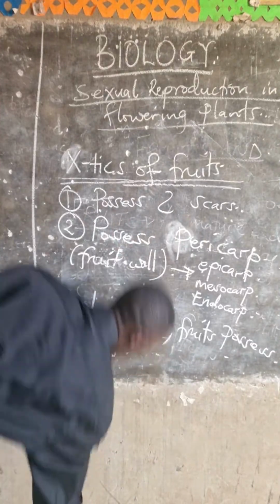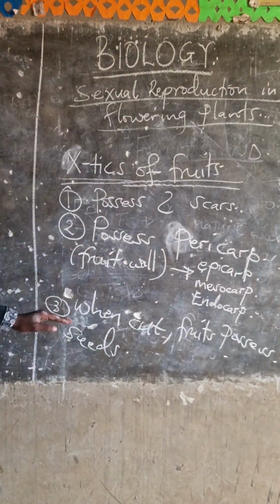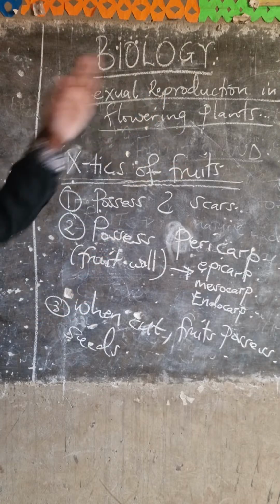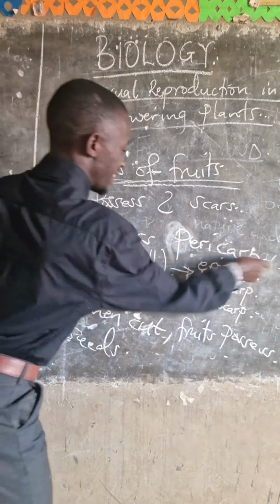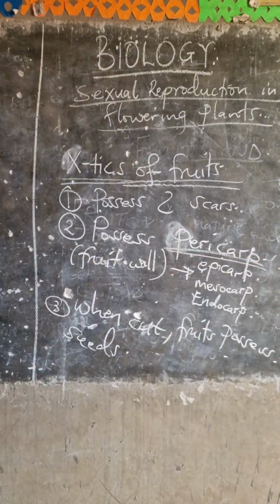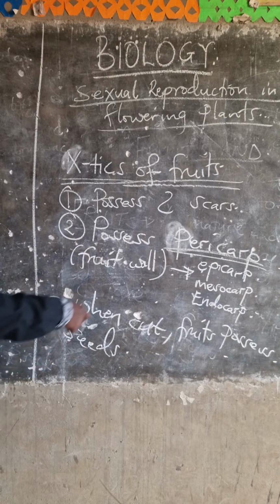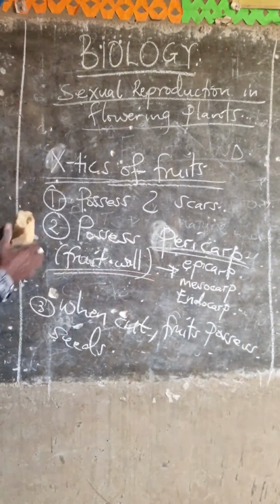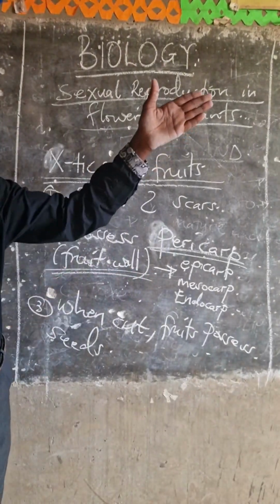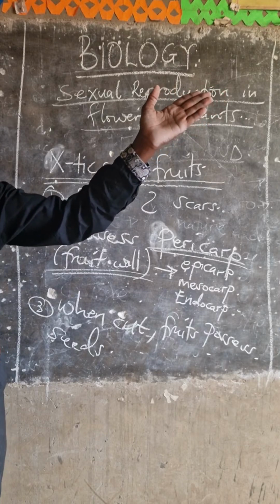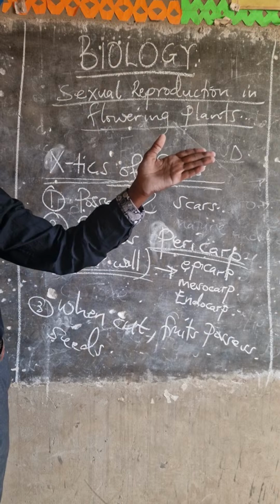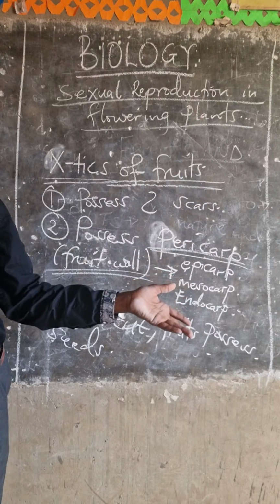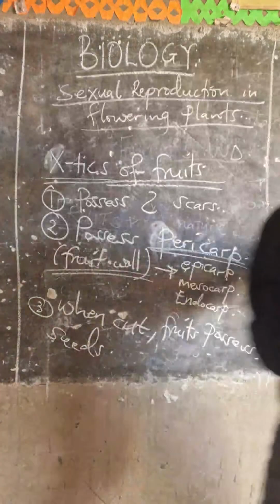I'm bringing this one because it is going to be very crucial in our next part of classifying simple fruits. Let me hope everyone now understands the meaning of the word pericarp. A pericarp is a fruit wall. It is going to be a crucial term when describing the other categories of simple fruits. If you're okay, we can continue. Great.